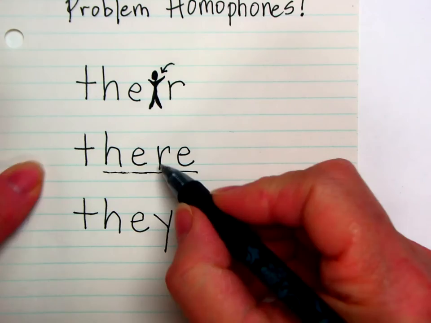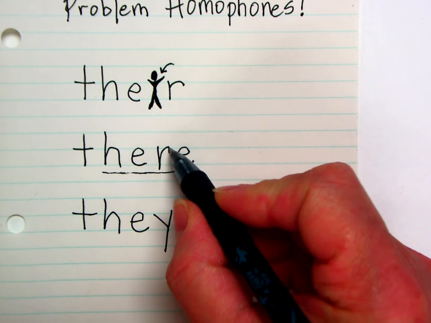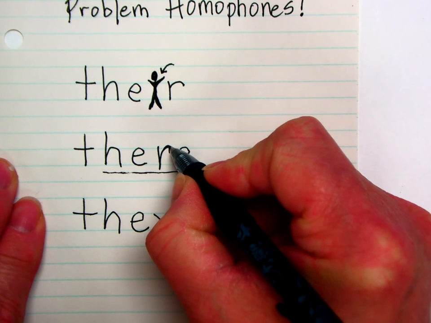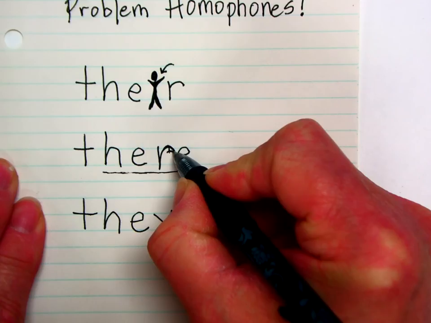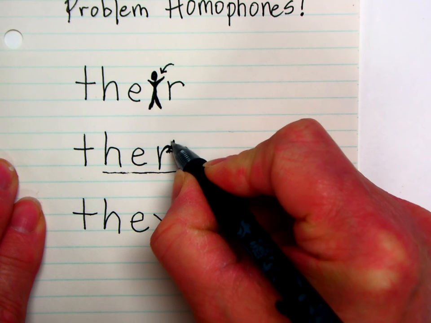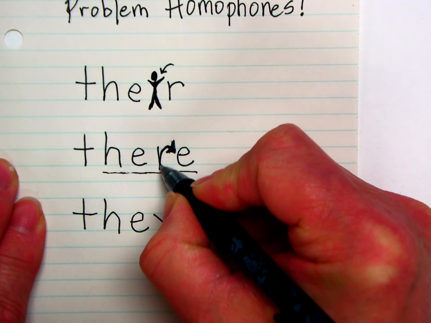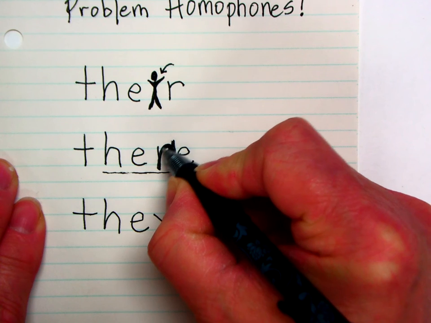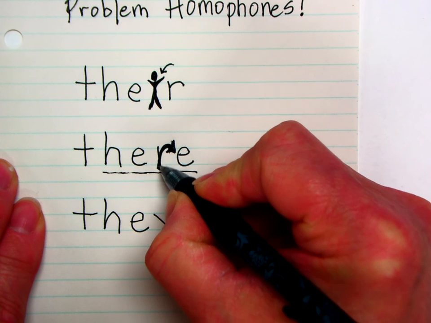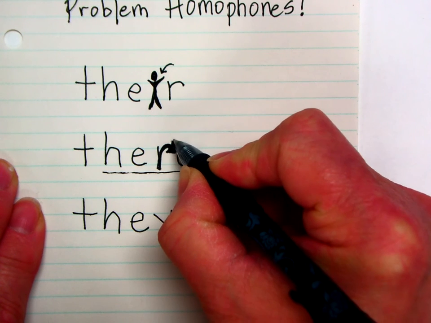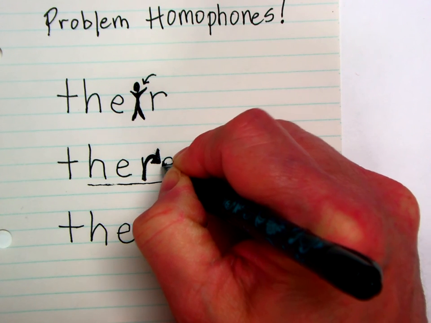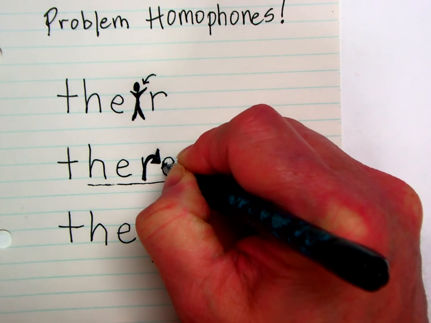Now, we're going to take this R, and there's a little hook at the front of the R, and we're going to turn this little hook into an arrow. So I'm going to make this part of the R a little bit thicker and make it an arrow. And then I'm going to put a little X right here where it's pointing to, like X marks the spot.